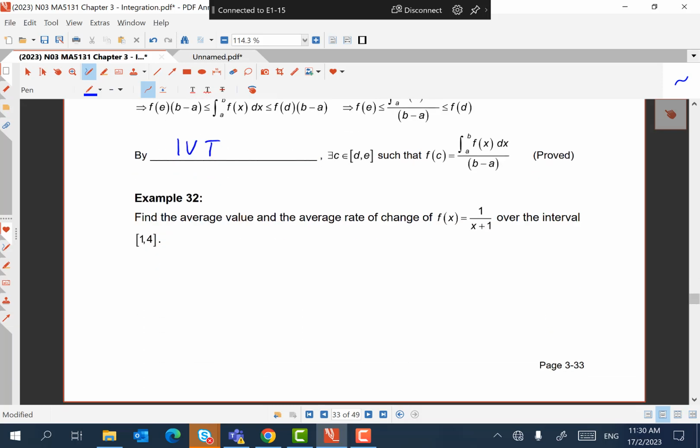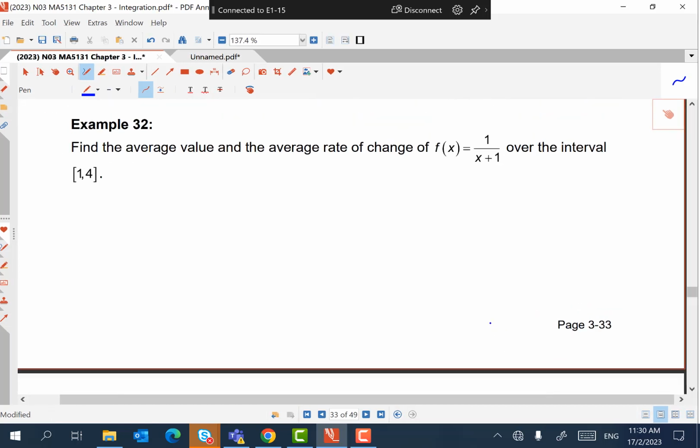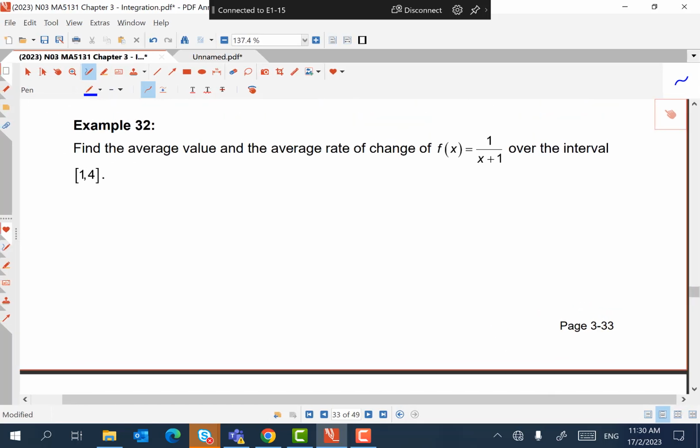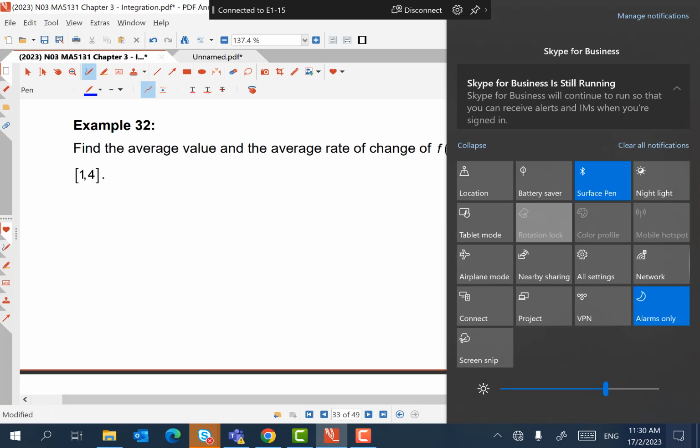Yes, boss. Okay, example 32. Apparently, in this school, Valentine's Day is not very well celebrated. In the JCs, the student council would actually organize some activities for the whole cohort and the whole school. Yes, because you are single. Woo!